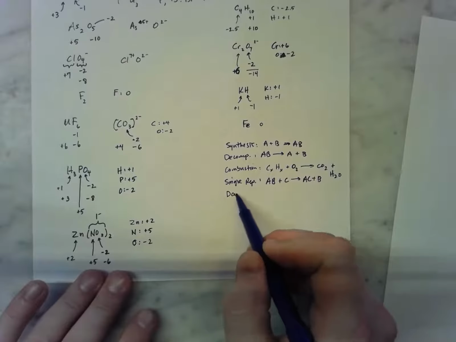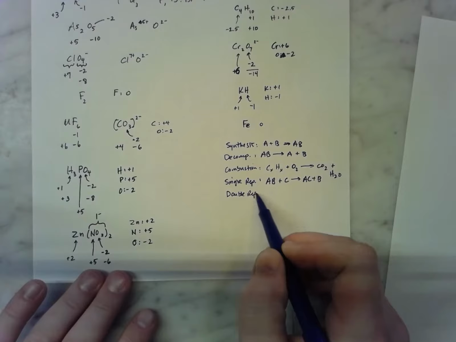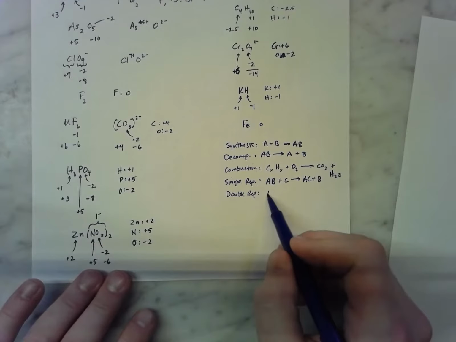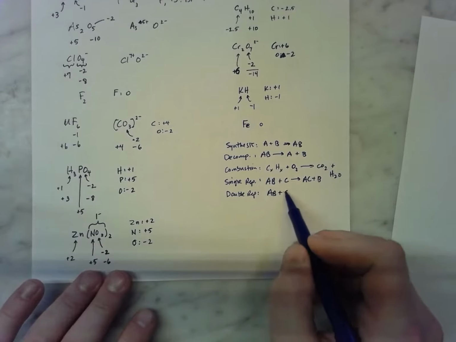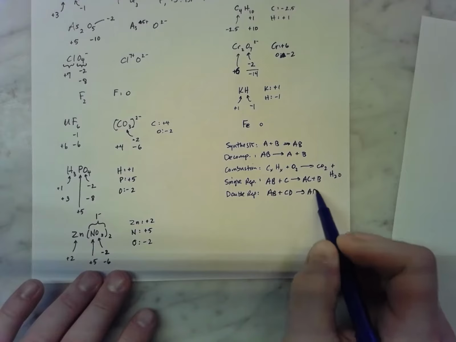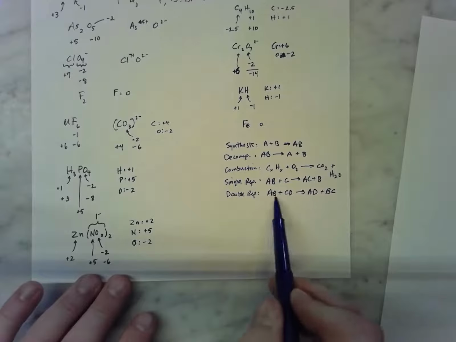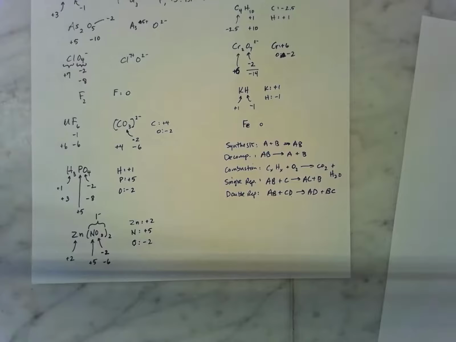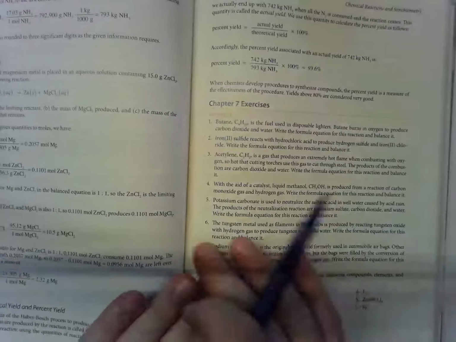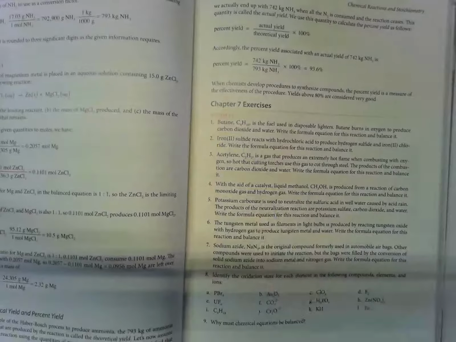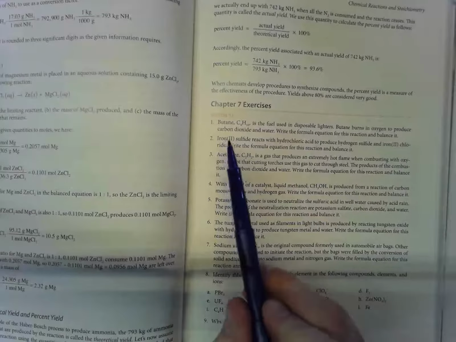And then we have double replacement or displacement. We have AB plus CD goes to AD plus BC. Okay, so these swap places. All right, so very quickly, let's walk through these. And if these are too complicated, that's my fault. I'm just not as familiar with that as I should be. But let's see if we can muddle our way through them here.